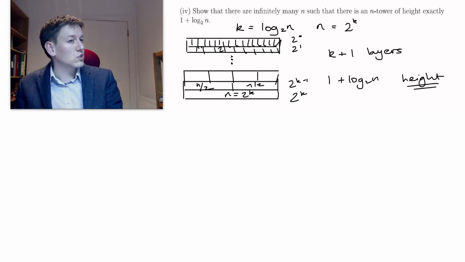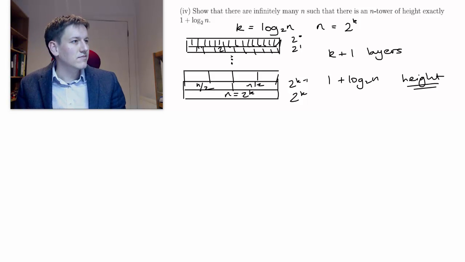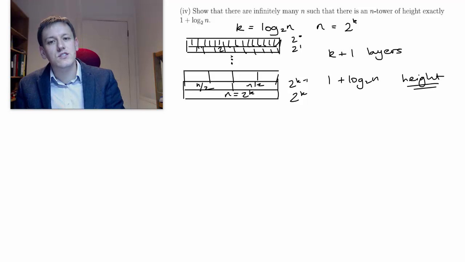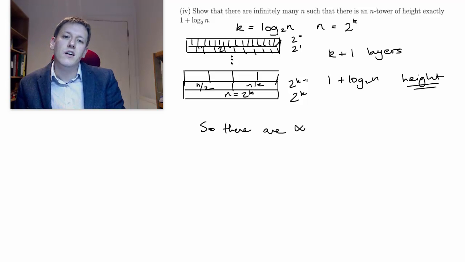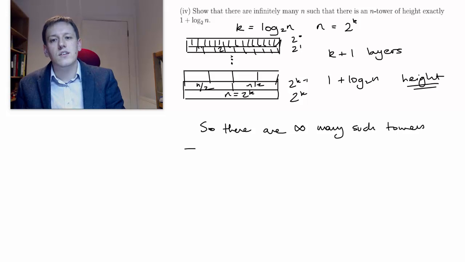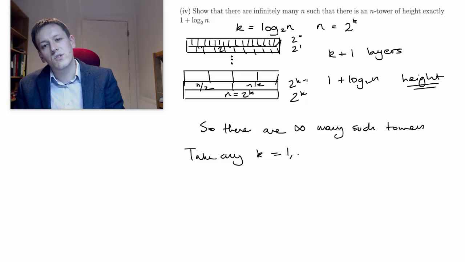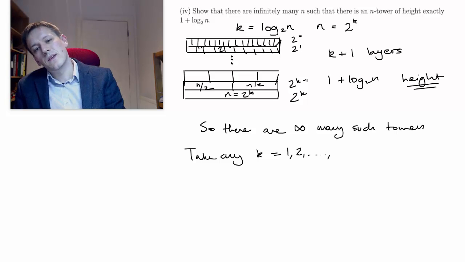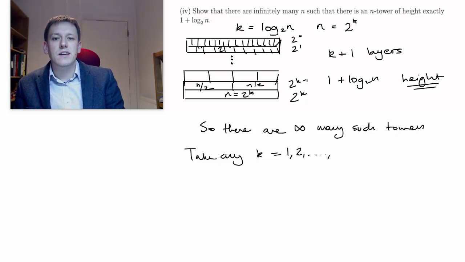So we're actually done, right? Because I can do this for any k. I think maybe we should make this really clear. So there are infinitely many such towers, because you can just take any k, from 1 etc. Infinitely many possibilities here.